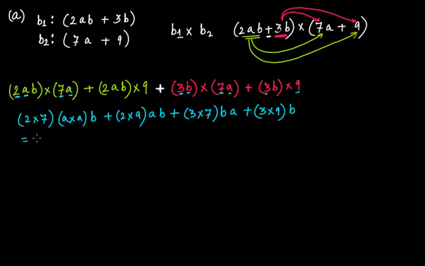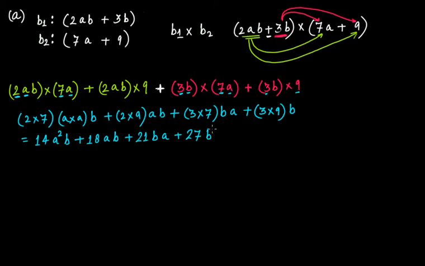This is 14a squared b plus 18ab plus 21ba plus 27b.